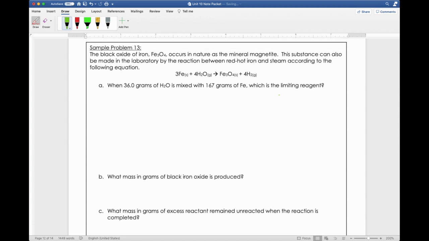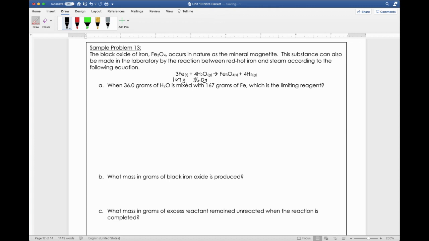Here we go. The black oxide of iron, Fe3O4, occurs in nature as the mineral magnetite. This substance can also be made in a lab by the reaction between red-hot iron and steam, according to the following equation. When 36 grams of water is reacted with 167 grams of iron, which is the limiting reagent?